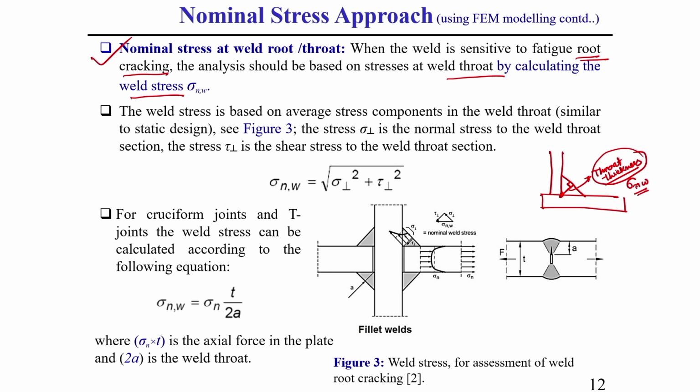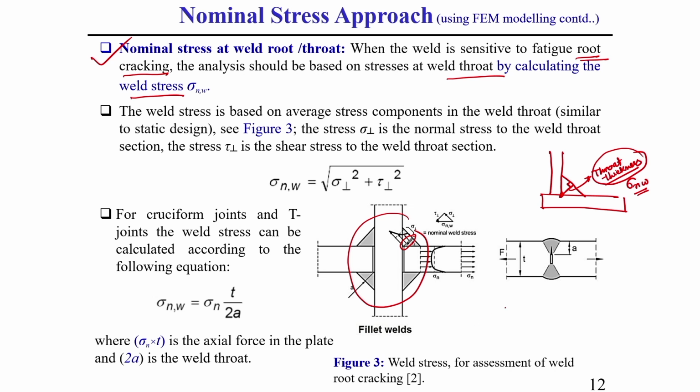For calculating this sigma NW, let us consider this is a cruciform type of weld. Cruciform type of weld means, you see here 4 fillet welds are there and 2 perpendicular plates are there. You can see 2 perpendicular structural components are there. So, here you can see in this throat area how the stress distribution looks like.